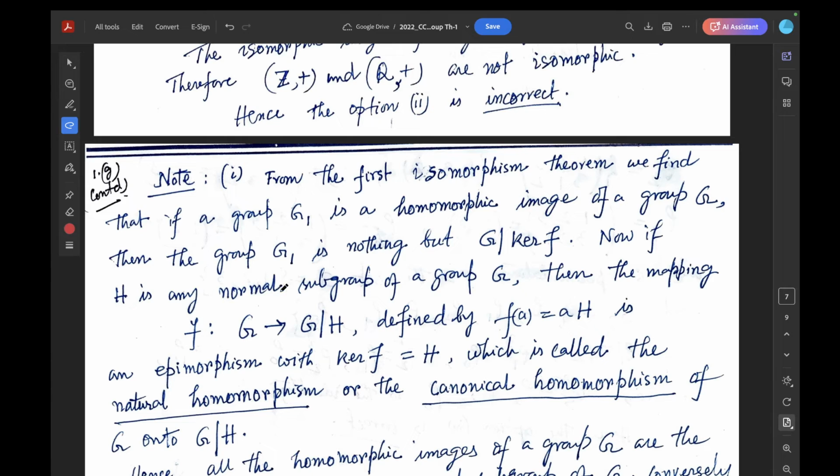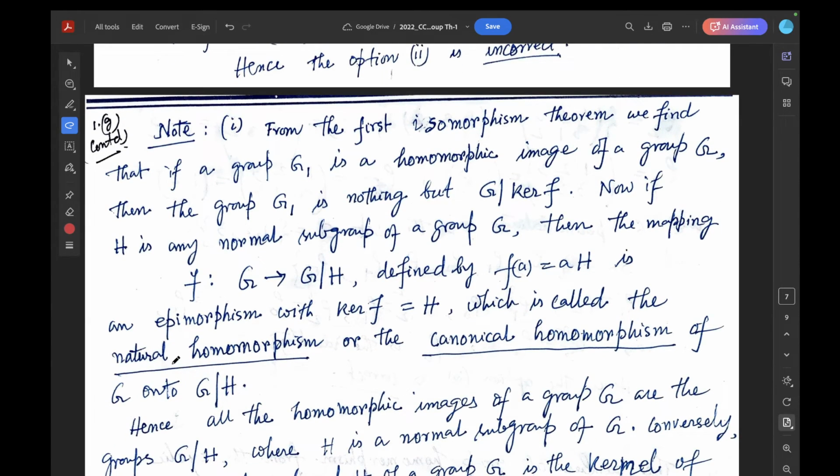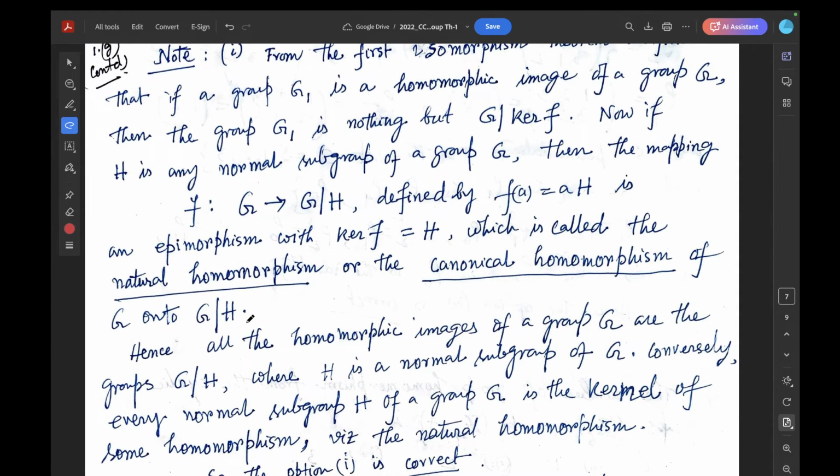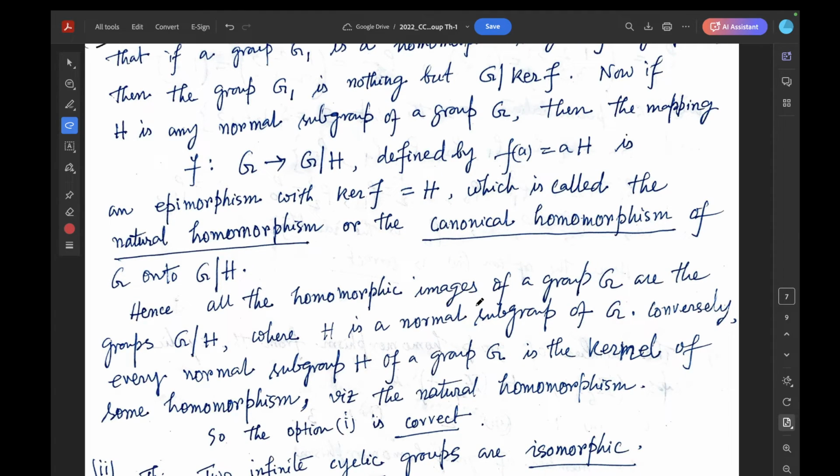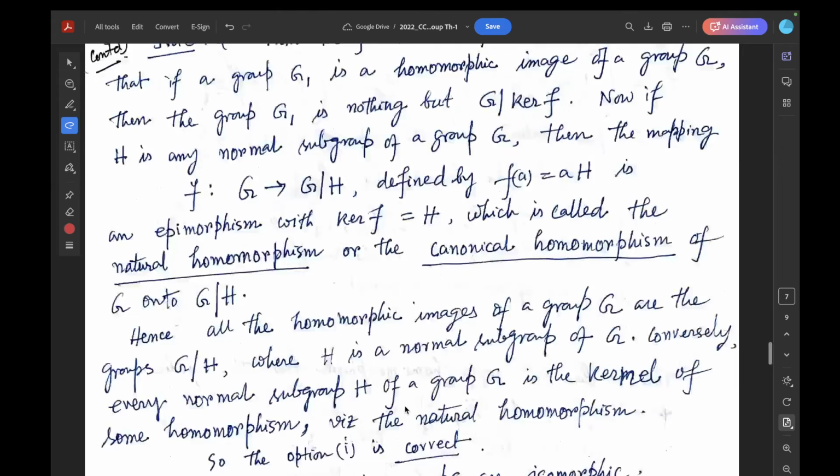Now, if H is any normal subgroup of G, then the mapping f from G to G by H defined by f(a) = aH is an epimorphism with kernel H, which is called the natural or canonical homomorphism of G onto G by H. Hence, all the homomorphic images of G are the groups G by H where H is a normal subgroup of G. Conversely, every normal subgroup H of G is the kernel of some homomorphism, namely the natural homomorphism. So option 1 is correct.